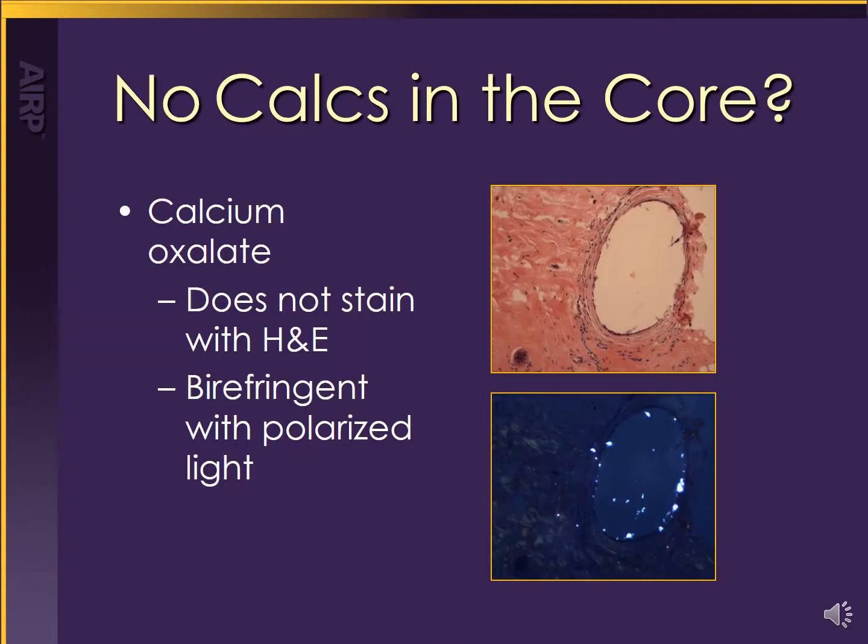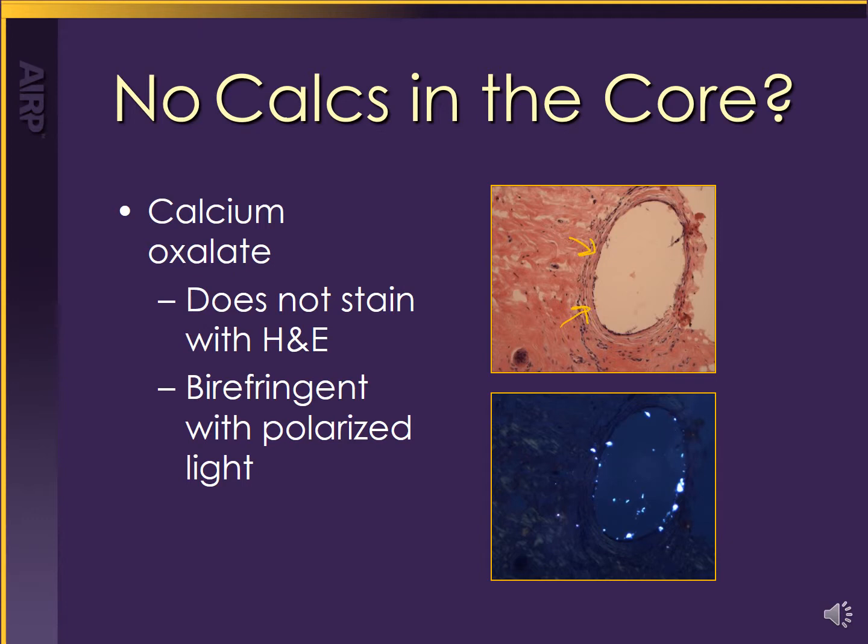Milk of calcium is one of the causes of not seeing calcifications in the core biopsy at histology. So let's say you do a biopsy, there's a specimen radiograph that shows calcifications, and your pathologist says, I don't see those. They might see a nice cyst at histology, but there's no calcifications in it.